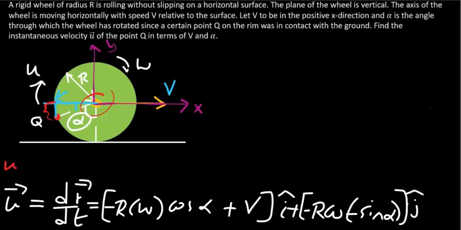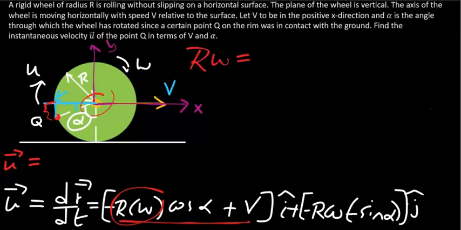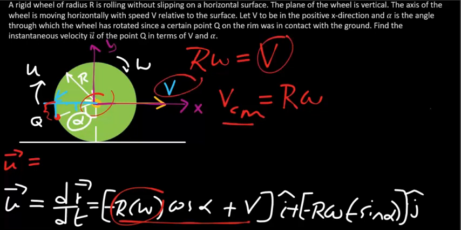So let's try to simplify the instantaneous velocity u. That term, if you notice, r times omega is just v. This is true when the wheel rolls without slipping. The center of mass velocity equals the radius of the wheel times the angular speed. So we can substitute the r omega with v.